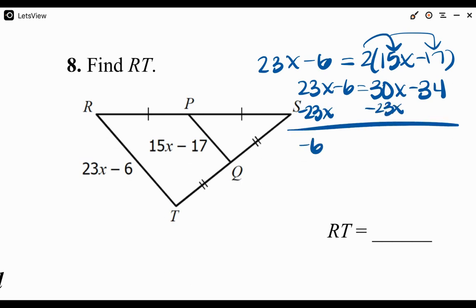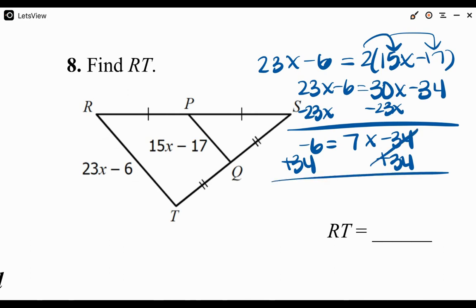So we get negative 6 is equal to 7x minus 34. Add 34 to both sides. So we get 28 is equal to 7x. Divided by 7, x is equal to 4.